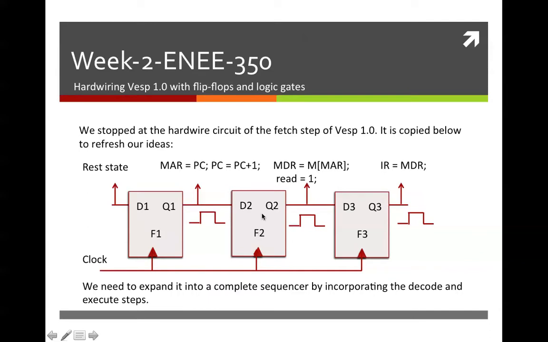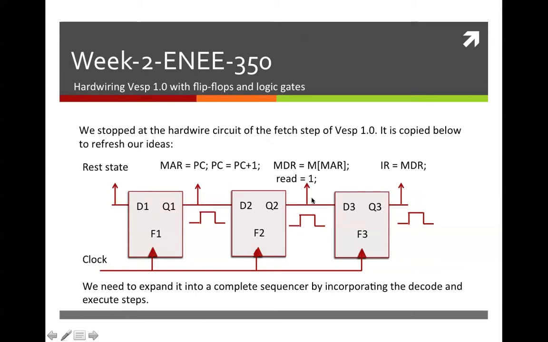And then by the time that clock cycle is consumed, we go to the next step where we now use the address which we have copied from PC to MAR to actually go and grab the instruction from the memory. That's what this second process here, the second clock tick, will help us accomplish.